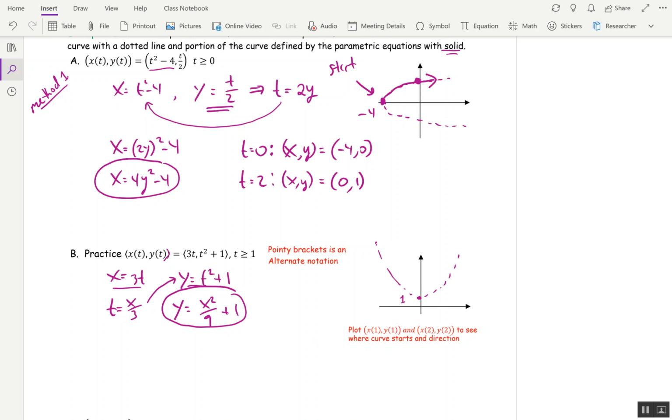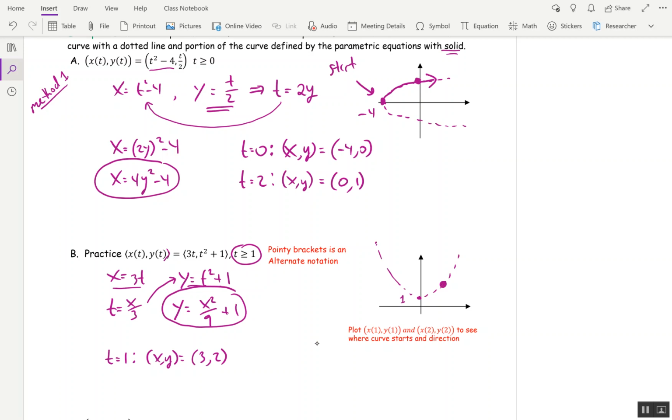Now, to figure out how much of that parabola I'm getting, I look at the restrictions on t. If t is 1, that's my starting point, then x is going to be 3, and y is going to be 1 squared plus 1 is 2.